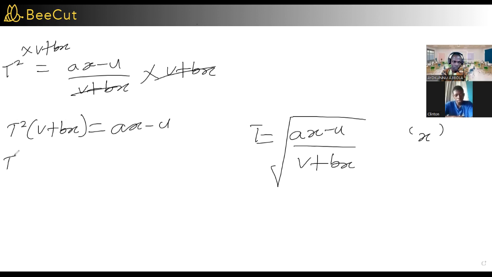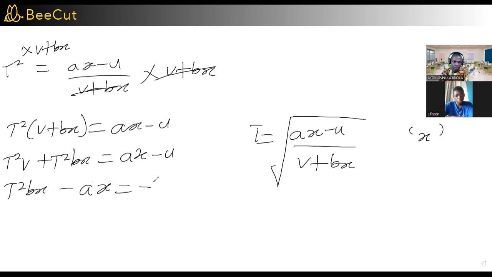This becomes t squared b plus t squared x, equal to ax minus u. Now you collect the like terms. Anyone with x is what you bring together. So t squared x minus ax equal to negative u outside, and negative t squared b. When you move it outside, it's going to be minus as well. So negative u, negative t squared b.